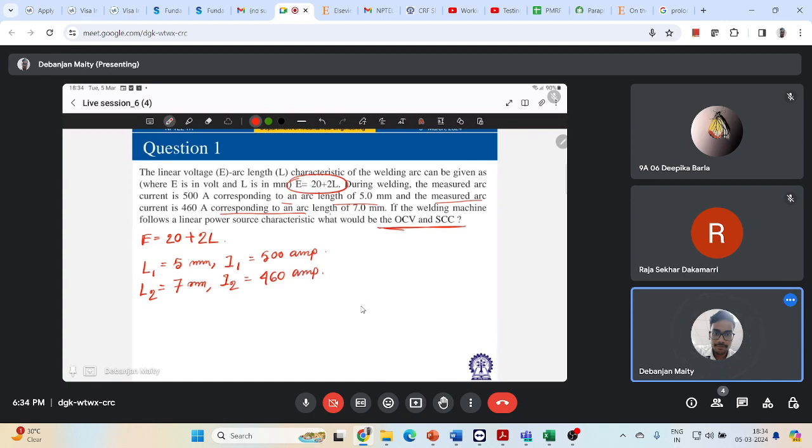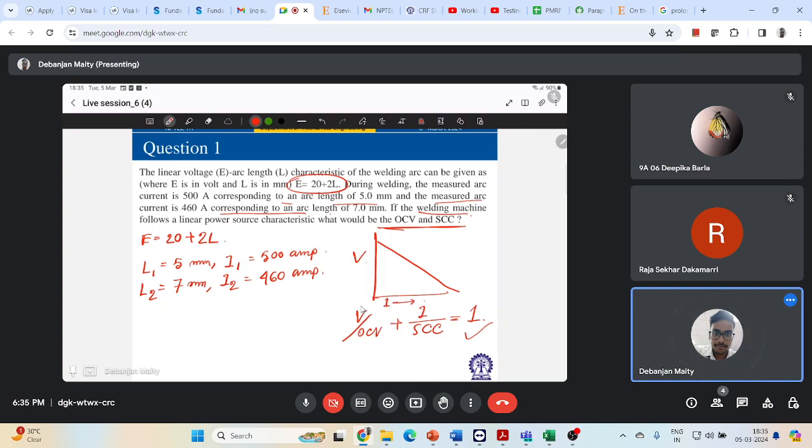Then if the welding machine follows a linear power source characteristic, V and I follow a linear relationship of V/OCV + I/SCC = 1, because this follows a linear relationship. Those we have already described.